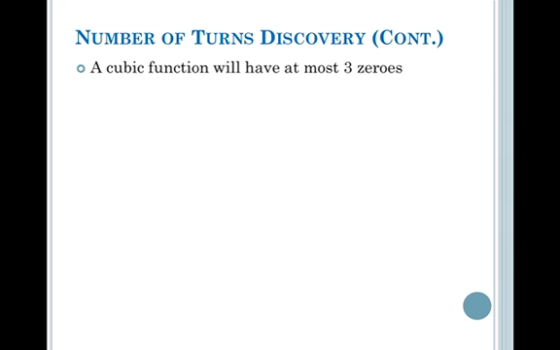Let's now look at cubic functions and see if we find a pattern here. So a cubic function will have at most 3 zeros. And let's see a couple examples. So first of all, if we have x cubed minus 9x, and we factored this, we would get x times x minus 3 times x plus 3. And the way I factored this was I first pulled out the greatest common factor of x, and then you would be left with x squared minus 9, which is a difference of squares that you would factor.